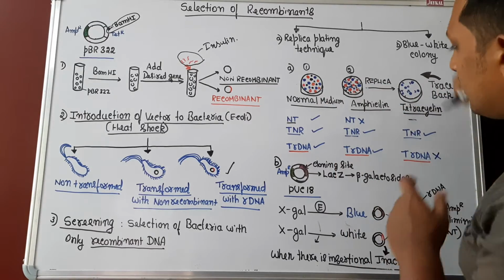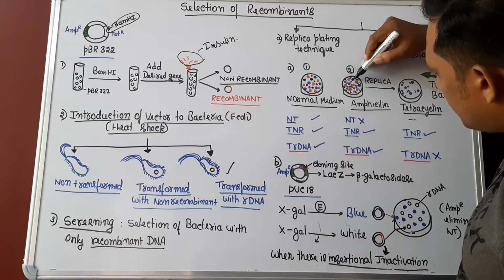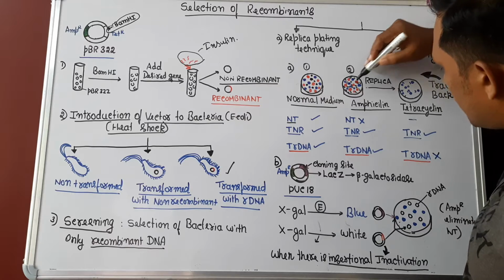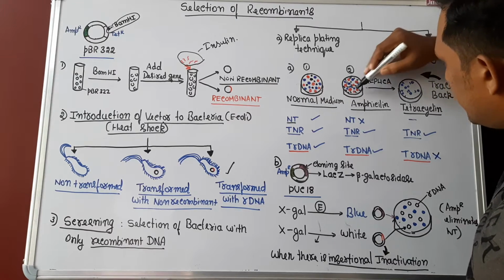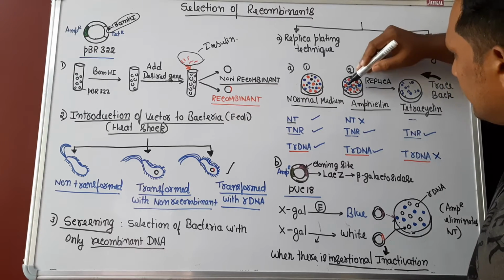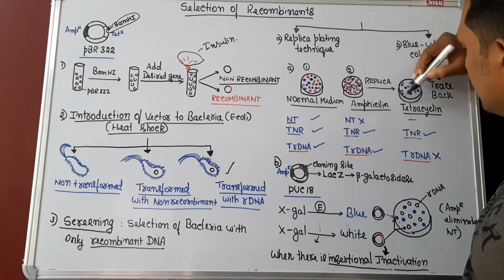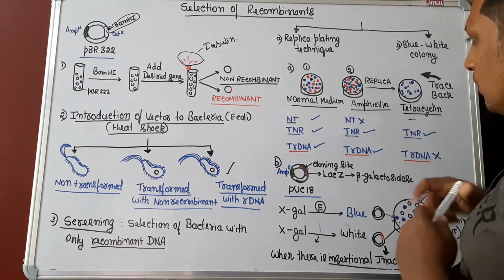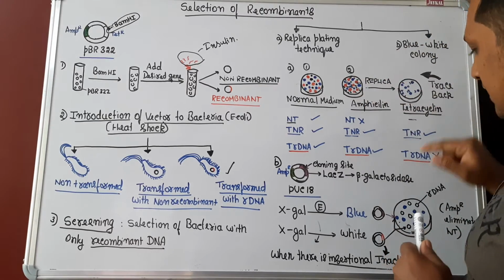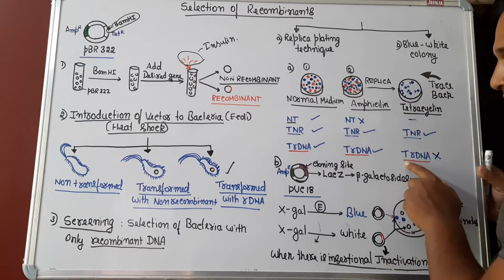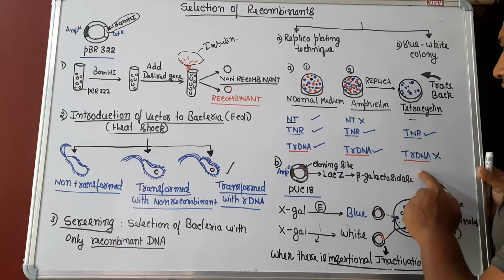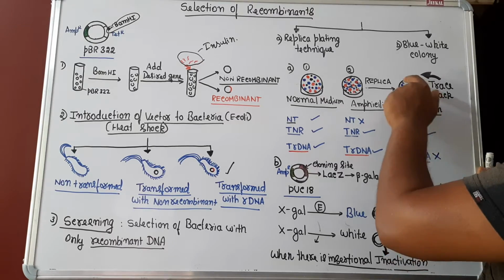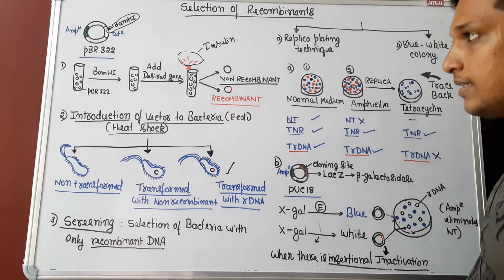Look at the colony. In the second plate, where they are growing, it is the same colony. One colony, third colony, 18th colony, then 7th colony. The same places, because we have copied it. But the red colored colonies, which are transformed cells with recombinant DNA, will disappear now. Why do they disappear?